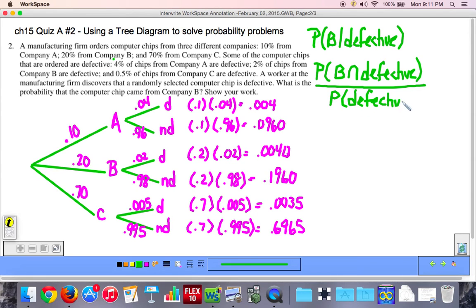And again, just a reminder, this is our conditional probability. We're looking for the probability that the chip came from company B, given that we know it's defective. And this is the formula we will use.